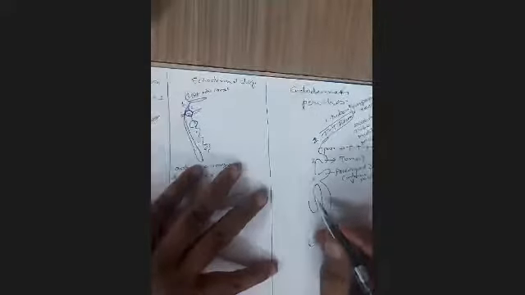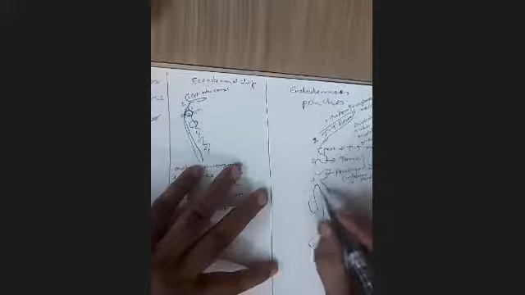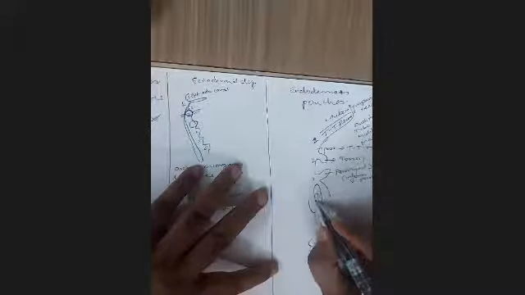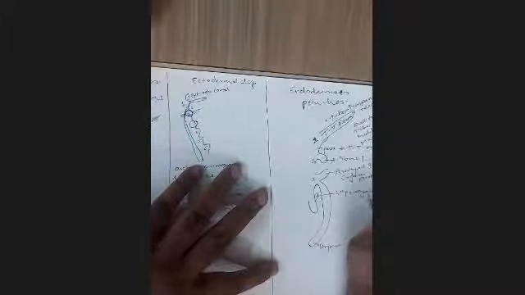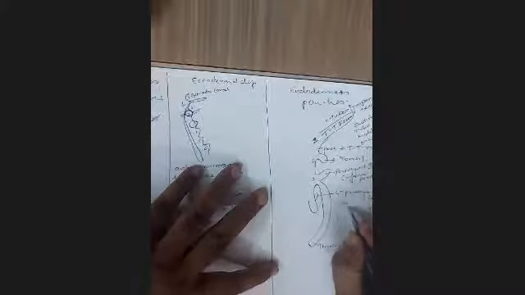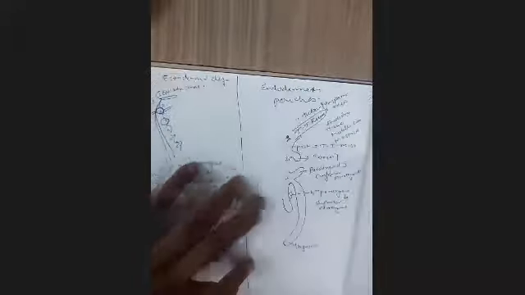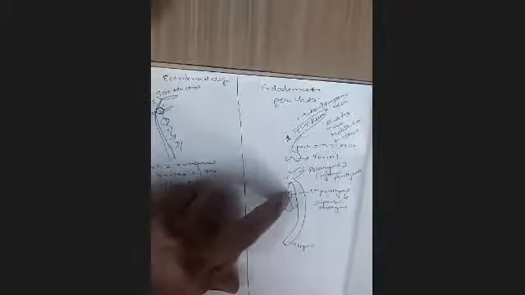What develops from the fourth pouch? The fourth pouch also has an anterior and posterior component. What develops from the fourth pouch is parathyroid 4, or the superior parathyroid. So there are superior parathyroid and inferior parathyroid. Logically speaking, superior parathyroid should be from the third arch and inferior from the fourth arch.